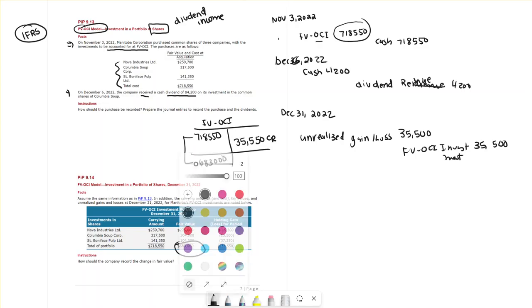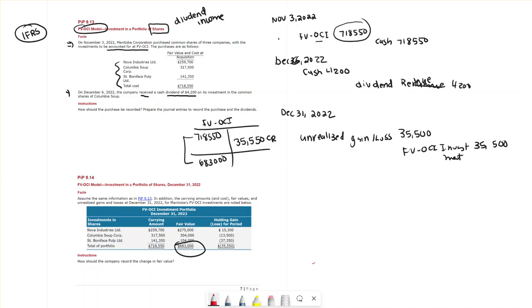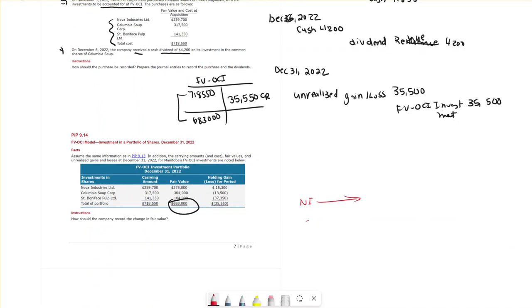Now the part here you need to remember is, since you see it on the income statement, we have a net income. So when you have a net income, the unrealized gain will sit after the net income, and that gets closed to accumulated other comprehensive income.